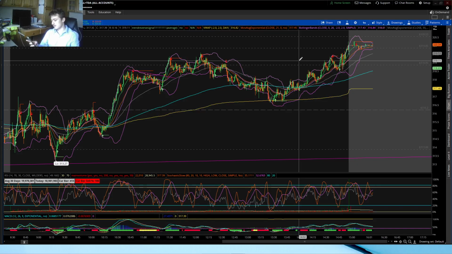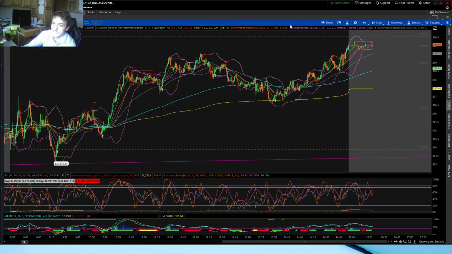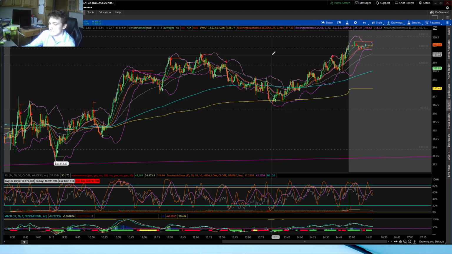The reason I do that is because the TD Ameritrade app is a lot more clear, and you can really see the tickers easily, and it's got a really clean chart if you're looking at it real quick.